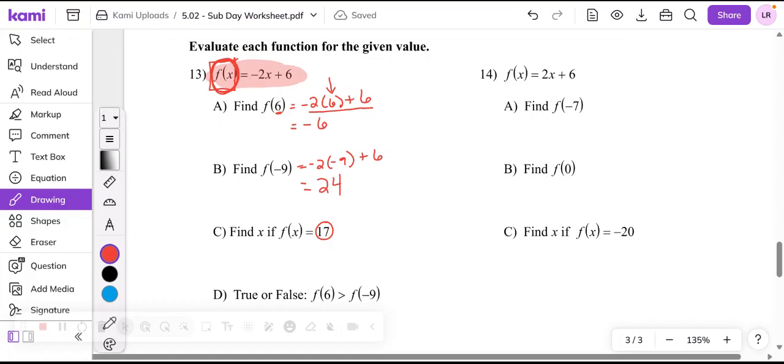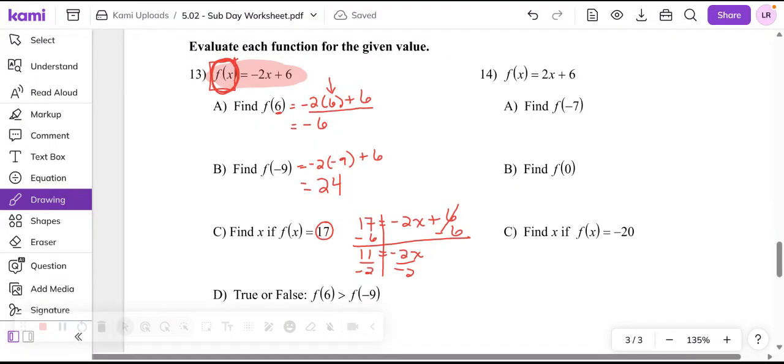So to figure this problem out, I'm going to go 17 equals negative 2x plus 6. And when I solve this, I'm going to be able to get the value of x. So minus 6 on both sides, and I get 11. And divide by negative 2.